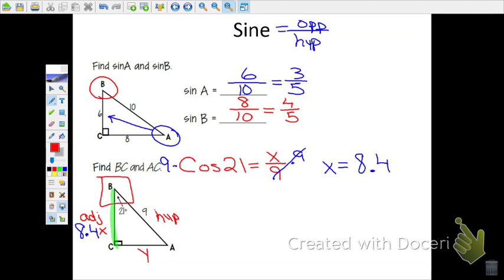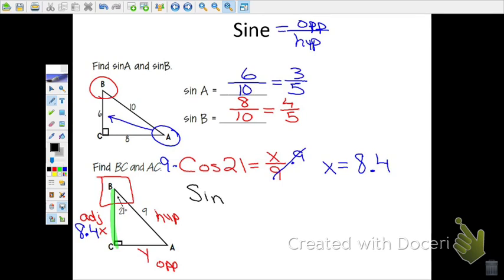Plus, we've rounded this, so it's not exact. So we want to still use that given piece that we knew. This time, y is the opposite of the angle, and we know the hypotenuse. If we have opposite and hypotenuse, what are we going to use? We're going to use sine.